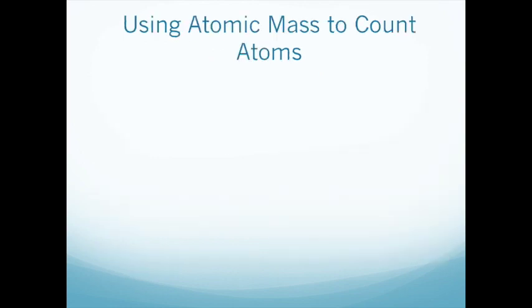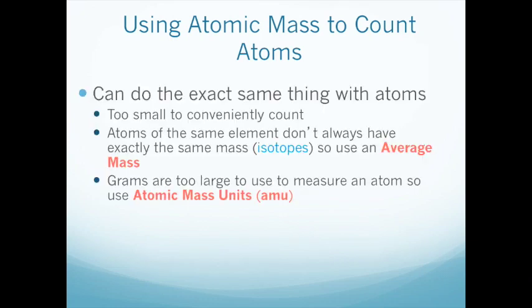In the same way, we can use atomic mass to count atoms. And we do this by making a number of simplifying assumptions and defining terms ahead of time to make our lives easier. In general, it is understood that atoms are incredibly small, much smaller than can be seen with the naked eye, and therefore much too small to count.